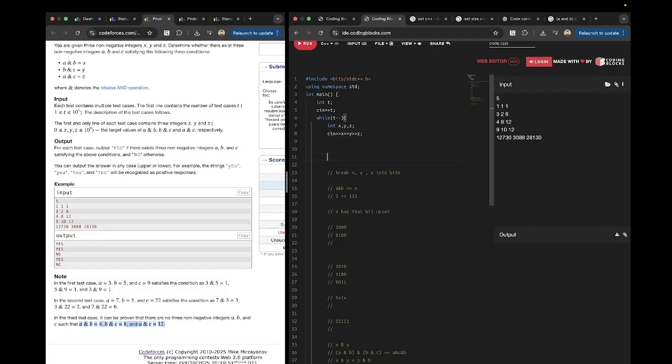So the way we solve it is: int, let's say, x and y equals x and y. I don't know. I'll do that.